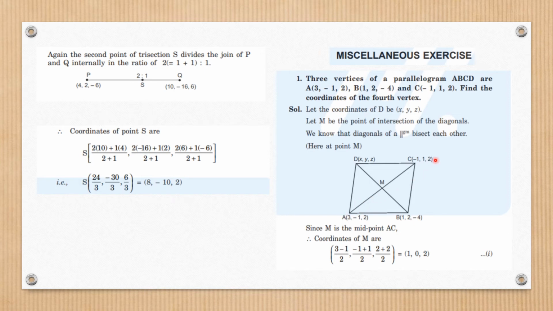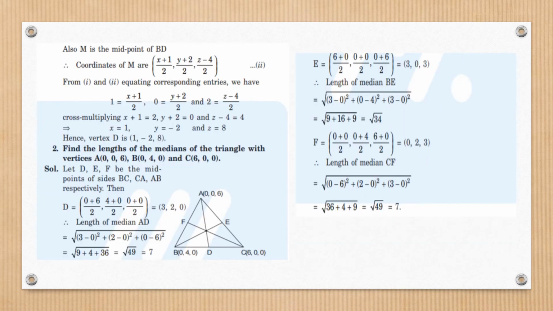So using the midpoint formula for AC, the coordinates of M will be (3 minus 1)/2, (minus 1 plus 1)/2, (2 plus 2)/2, and this comes out to be (1, 0, 2). Same I'll apply for BD and then equate. For BD, it comes out as (x plus 1)/2, (y plus 2)/2, (z minus 4)/2. Now, as the midpoints are the same, I'll equate the corresponding coordinates, x with x, y with y and z with z, to get x as 1, y as minus 2 and z as 8, which is my vertex D.